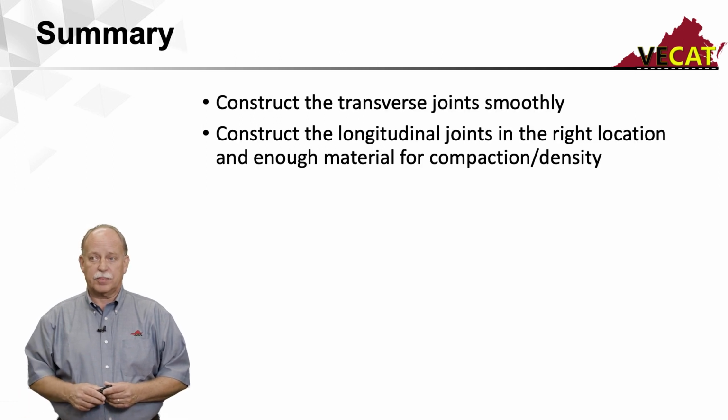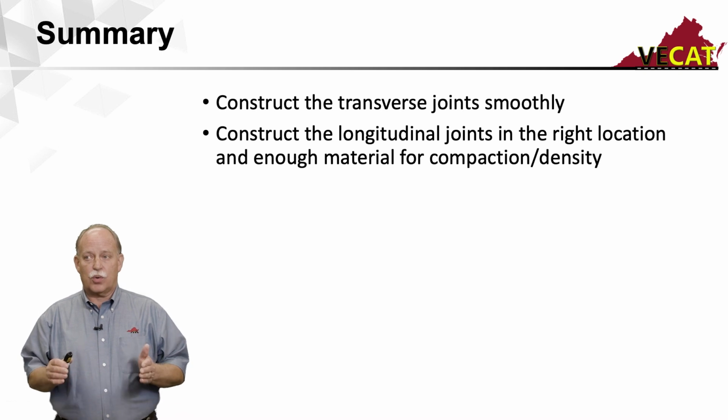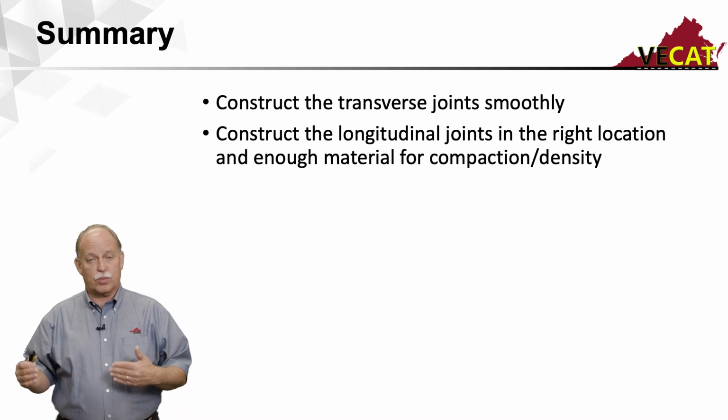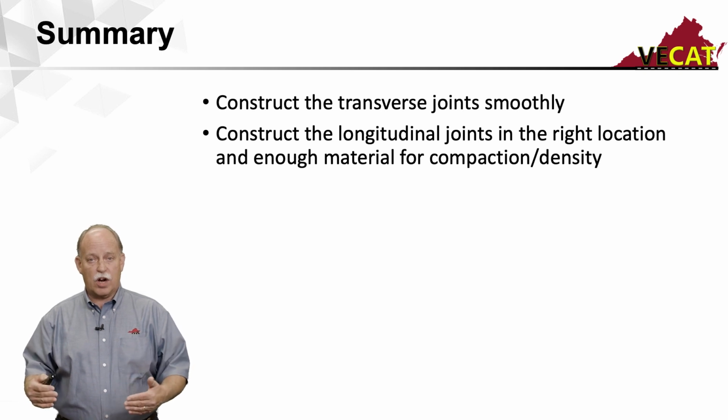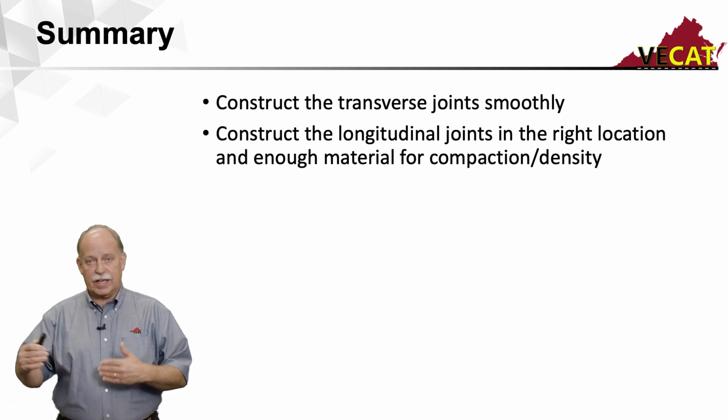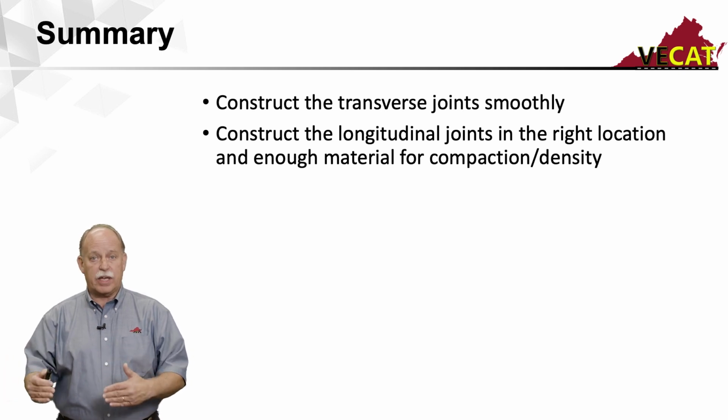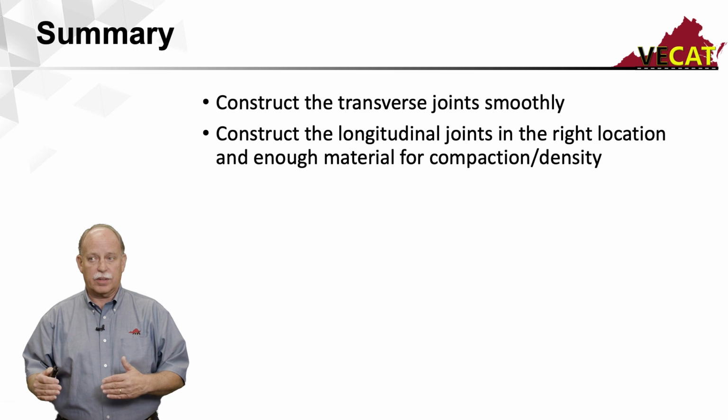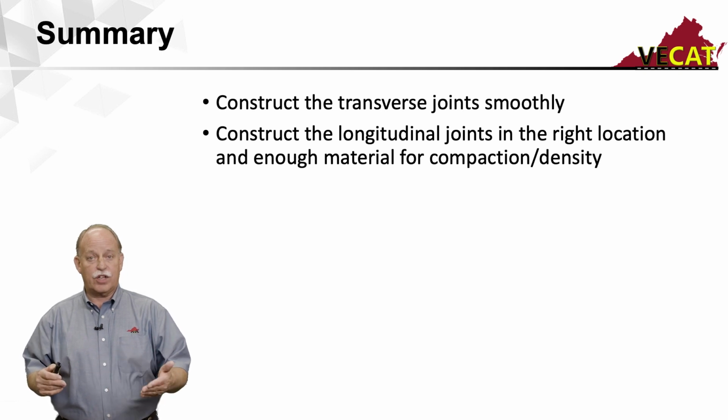In summary, construct those transverse joints smoothly. As we pointed out early on, there's a straightness specification VDOT requires. So when you're building a transverse joint, at the beginning and the ending of your operations, it must meet that straightness requirement, and it must meet that for each and every joint.